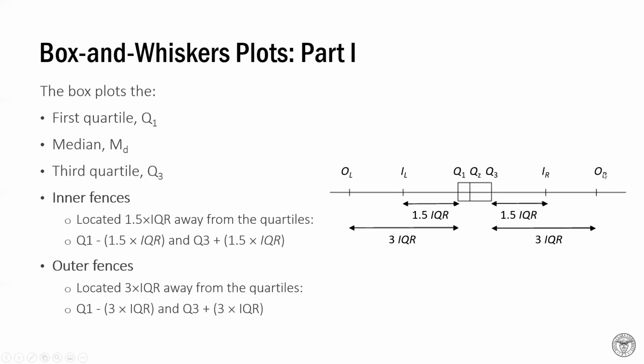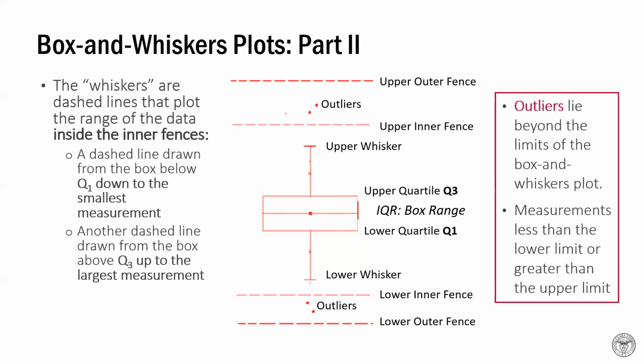As demonstrated over here, this one is the upper outer fence, and this one is the lower outer fence. The box and whiskers plot can be placed either vertically or horizontally.